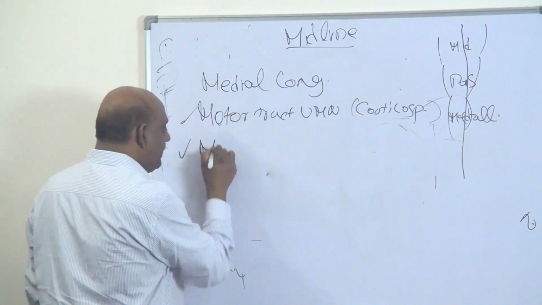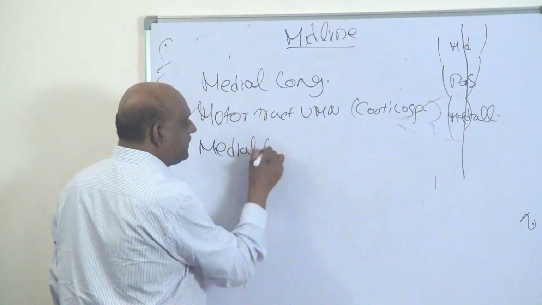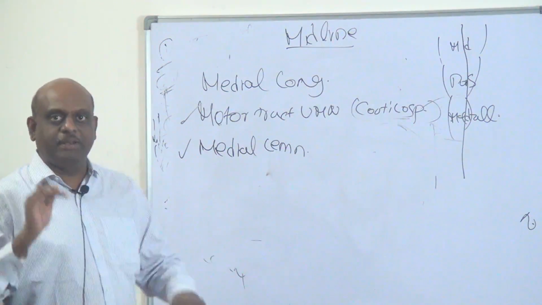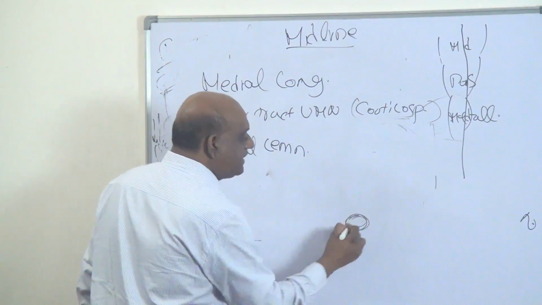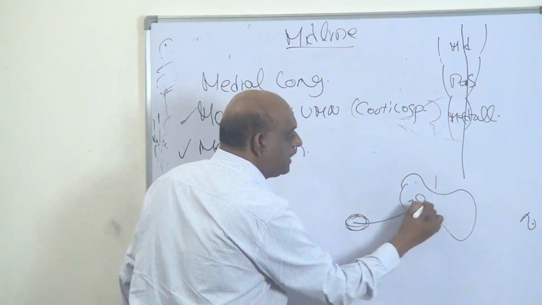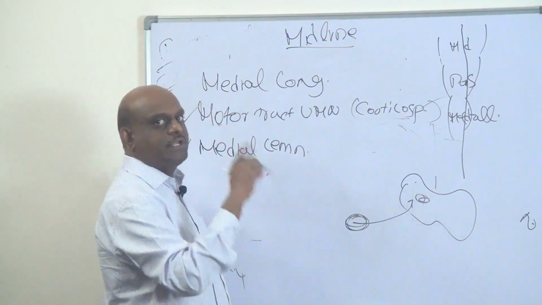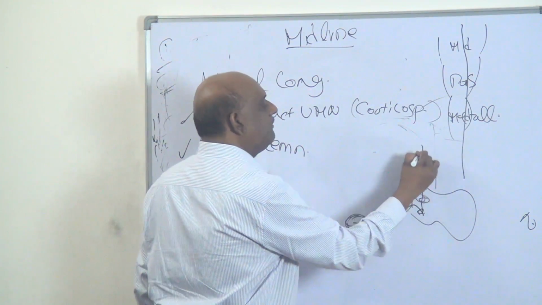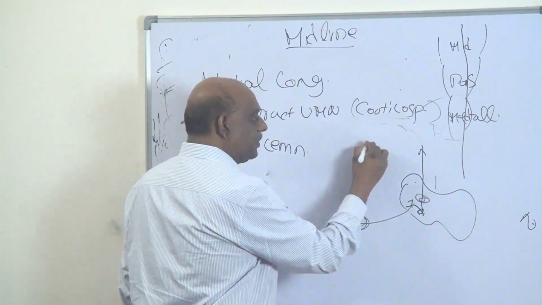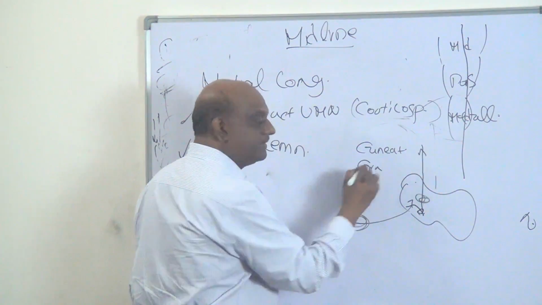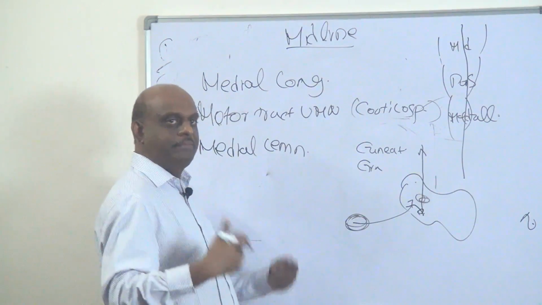Then medial lemniscus. What is medial lemniscus? Basically, the touch, the position, the vibration, all these sensory receptors send information in the spinal cord to the dorsal horn. From the dorsal horn, they will be ascending up as cuneate tract and gracile tract, depending on upper limb or lower limb.